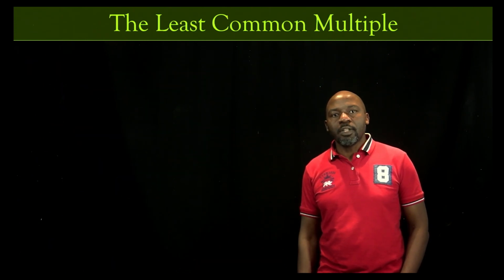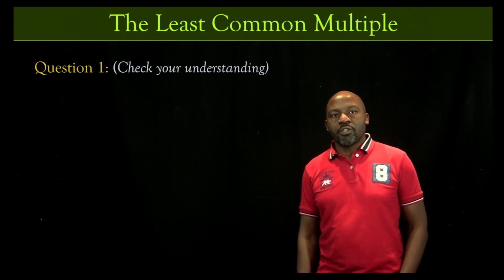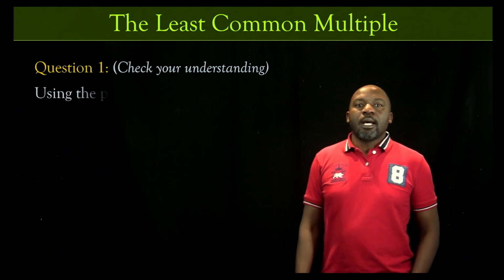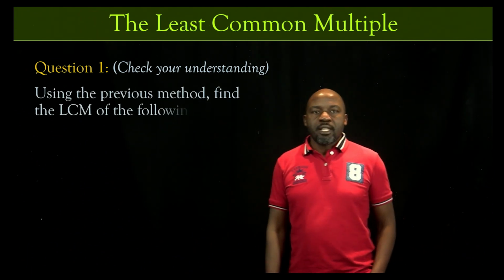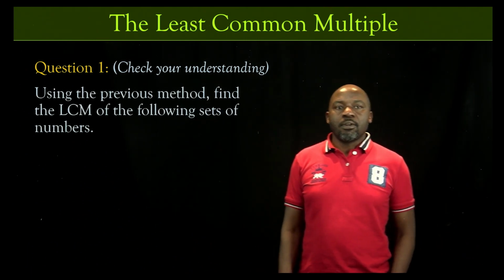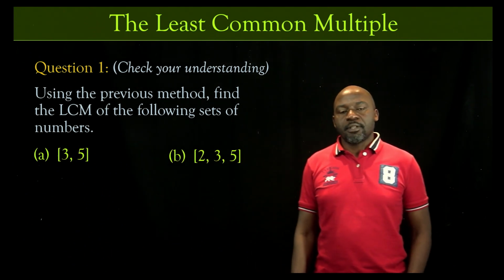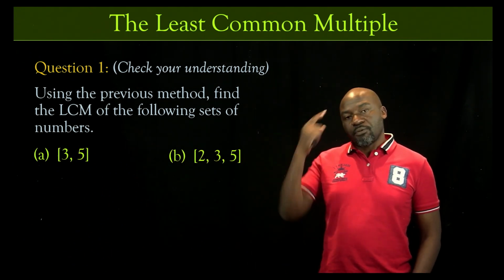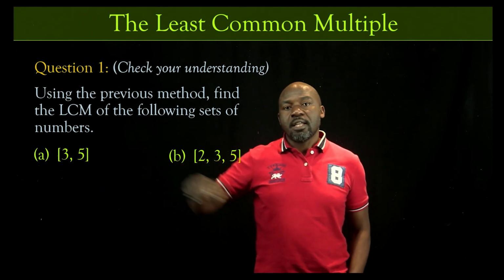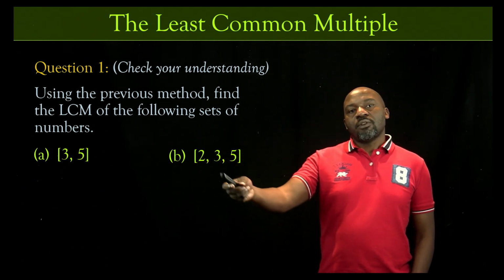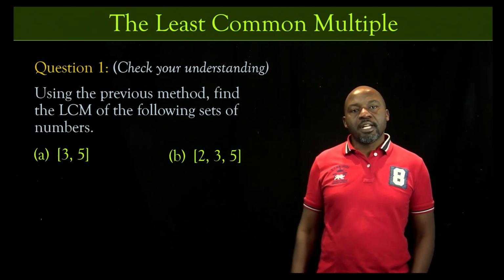Okay? Let's move on. Here's a question to check your understanding. Using the previous method, find the LCM of the following sets of numbers. We want to find the LCM of 3 and 5, and then we want to find the LCM of the set of 3 numbers there.